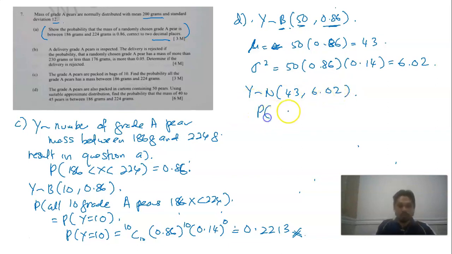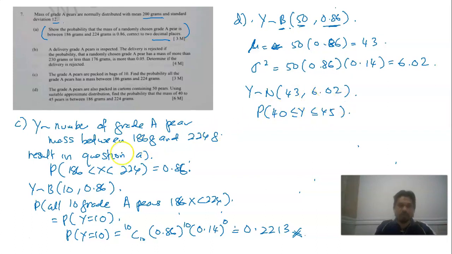So then the probability of Y, the mass of 40 to 45 pears being between 186 and 224. So 40 to 45.